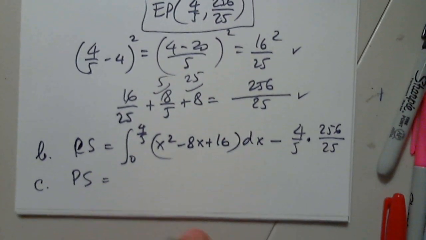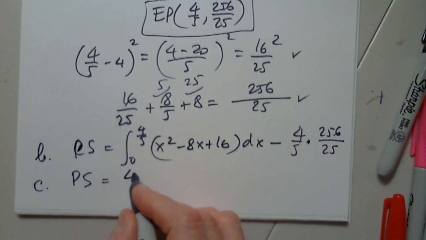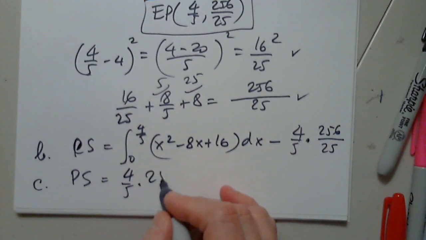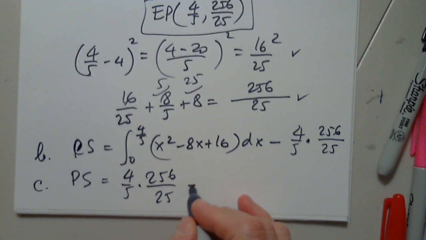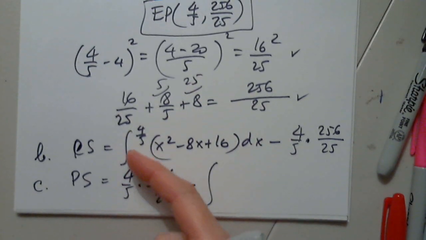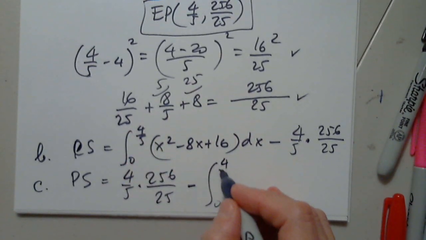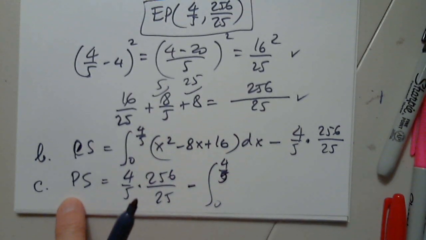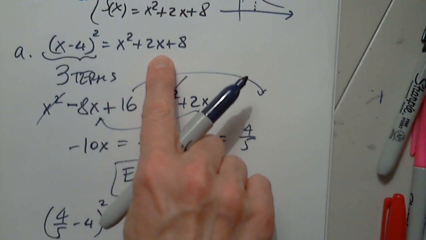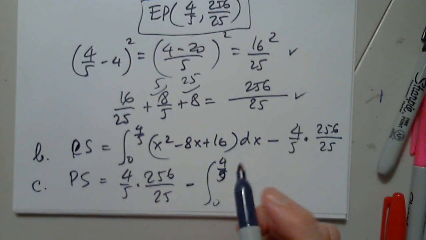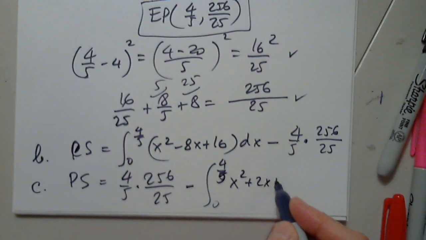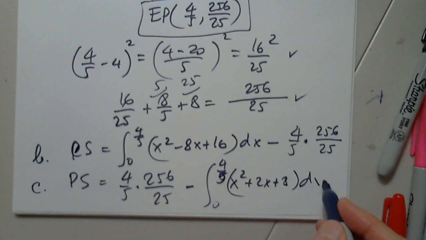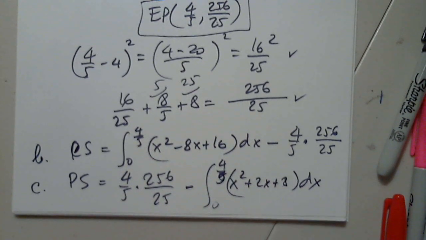The producer surplus is this product, 4/5 times 256 over 25, minus the same limits of integration, of course, but not from this function because we're talking about the producer surplus, but from this function. So from x squared plus 2x plus 8 dx. And we will get these numbers.